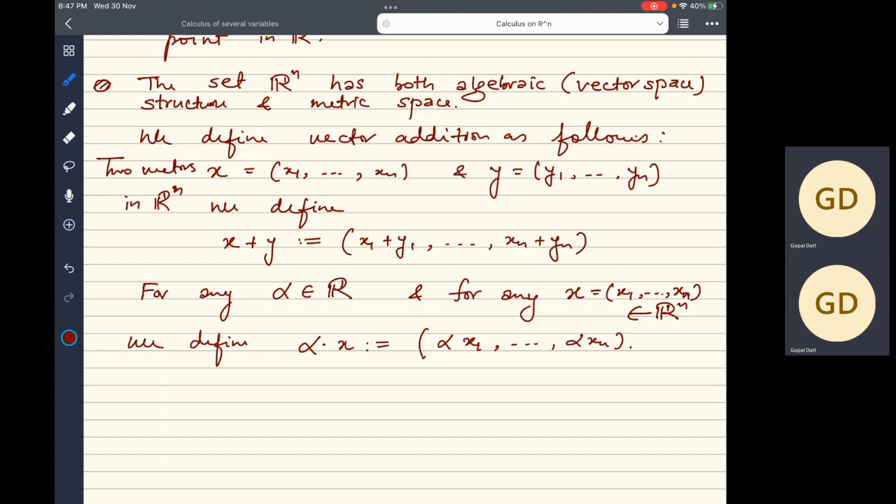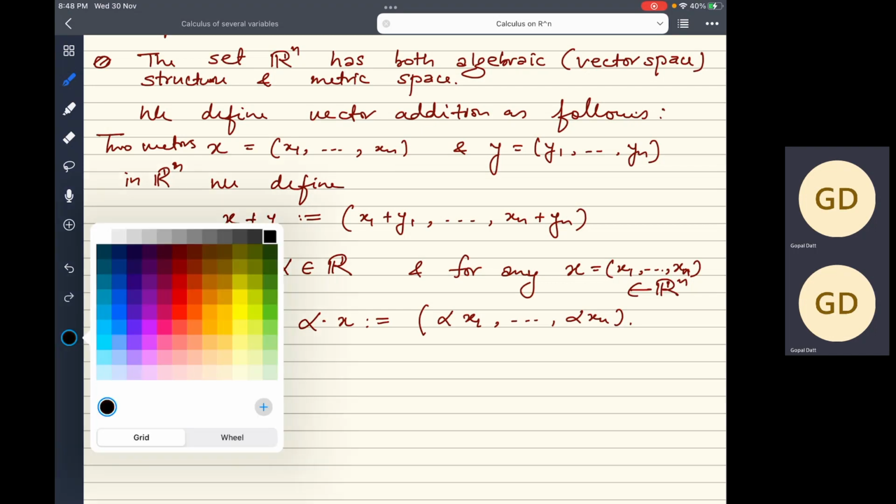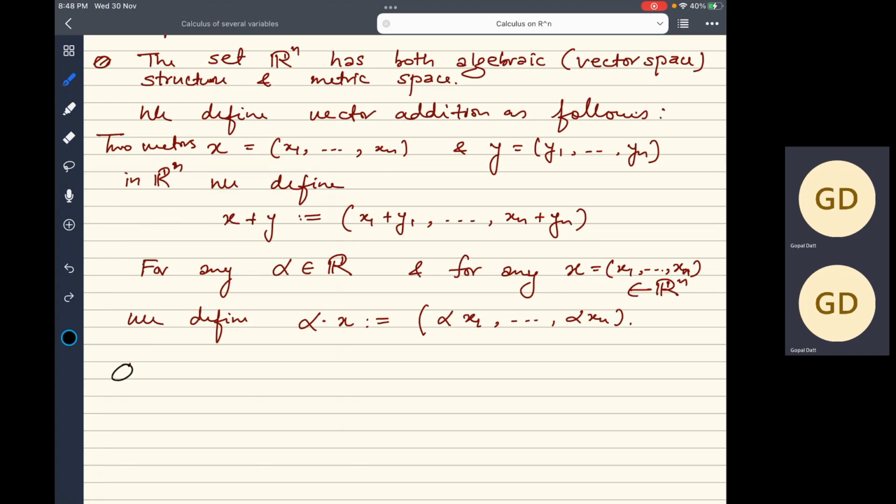So with these two algebraic operations, Rn forms a vector space over the field R. Rn is a vector space.